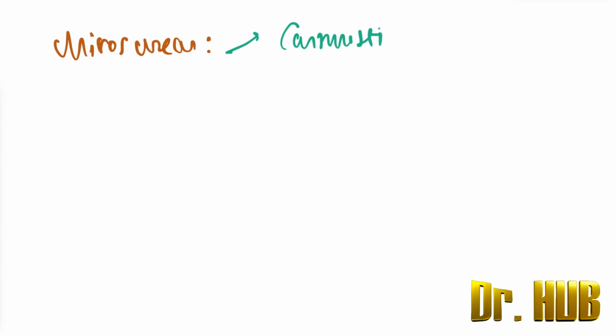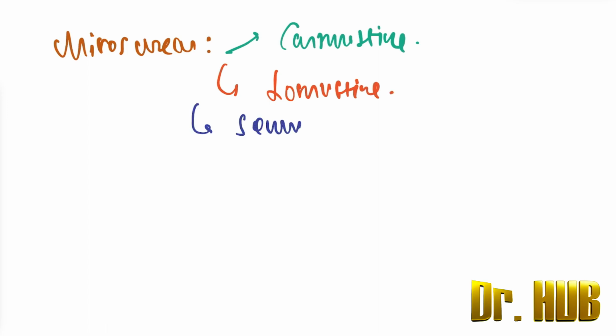Then we move on to the nitrosoureas. Under nitrosoureas, this includes carmustine, lomustine, and then also semustine and streptozocin.